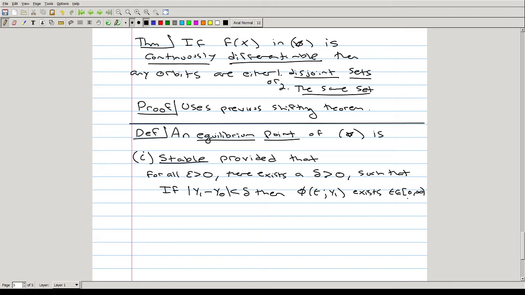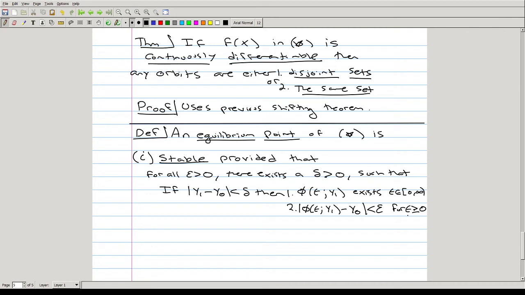If your initial condition doesn't start at 0, you can rewrite it so that it does, but the main condition is that the solution has to exist. And the main thing is that the distance between the solution with initial condition y1 and our equilibrium point has to stay less than epsilon for t greater than or equal to 0.